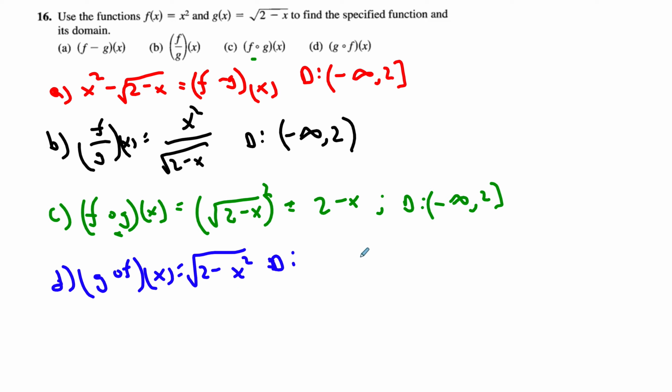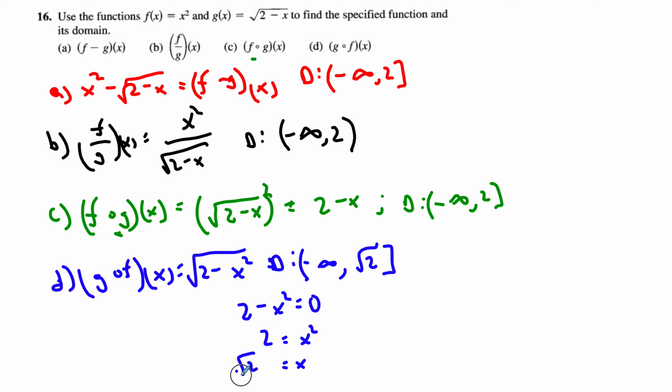That would mean if I put the square root of 2 in, square root of 2 squared is 2, then I have 2 minus 2. So now that's my new upper boundary. Another way to look at that is when is 2 minus x squared equals 0, when x squared equals 2, which means x is the square root of 2. Whereas before it was 2, now it's square root of 2.